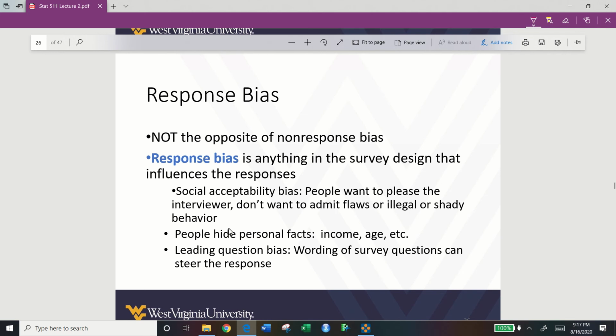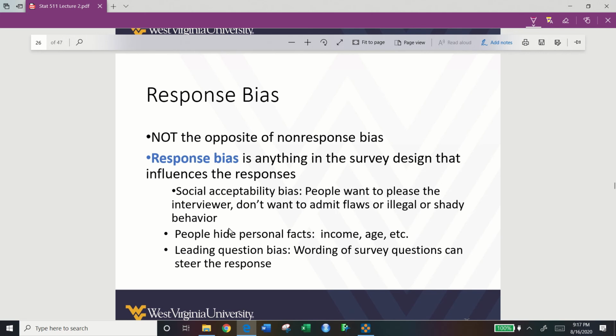Also, sometimes in the survey, whether it's paper or in person, the questions themselves might be leading, which is a bias. For example, 'How do you feel about the terrible acts of such and such a thing?' By putting in the words 'the terrible acts,' you're telling the person you're asking how to feel.